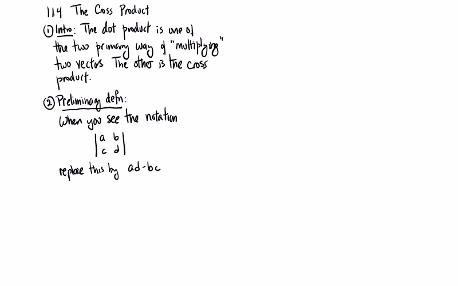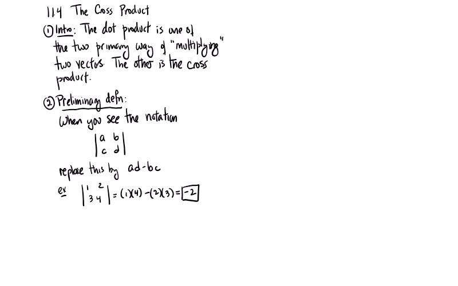So it's the product of the upper left and the lower right minus the product of the other two. For example, if you see 1, 2, 3, 4, you would replace that by 1 times 4 minus 2 times 3. That's 4 minus 6, which is negative 2, and that would be the number that you would get. Like I said, this is the determinant of a 2x2 matrix. If you know that from linear algebra, great. If you don't, doesn't matter.